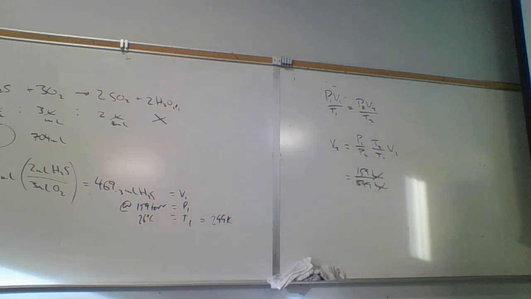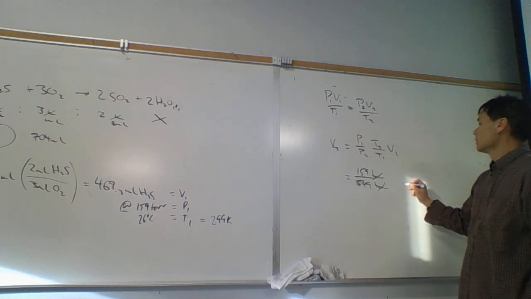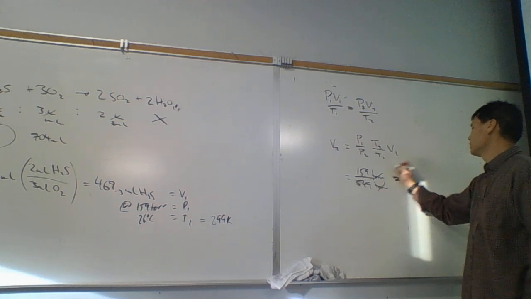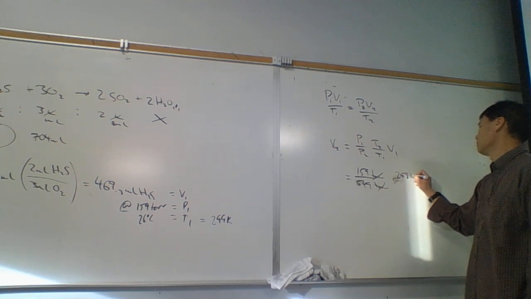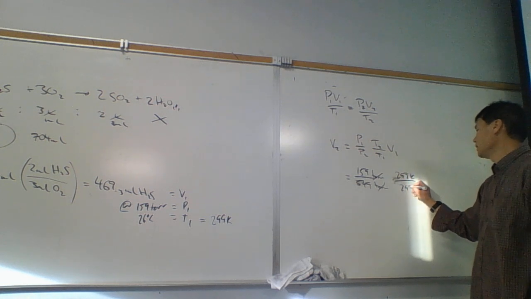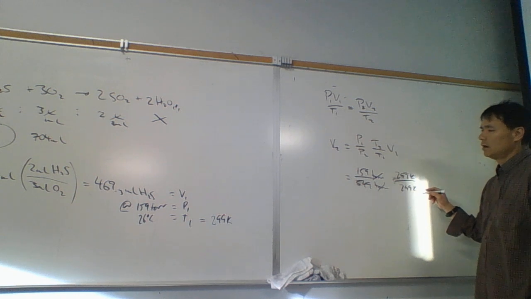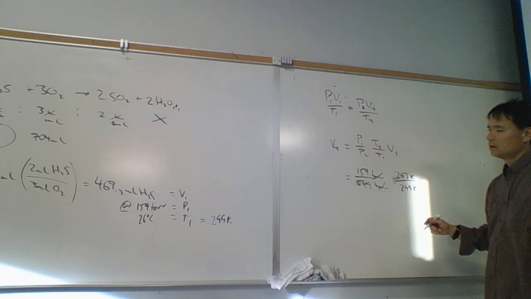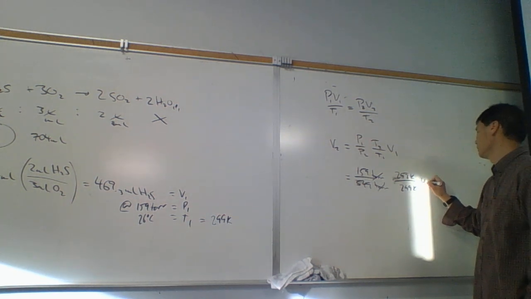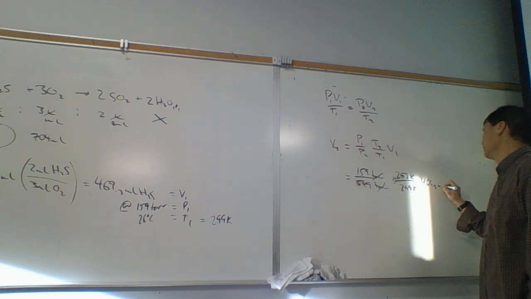And then T2 is 19 degrees C, so that would be 292 Kelvin. T2 is 292 Kelvin, T1 is 299 Kelvin. And then V1 is 469.3 milliliters.